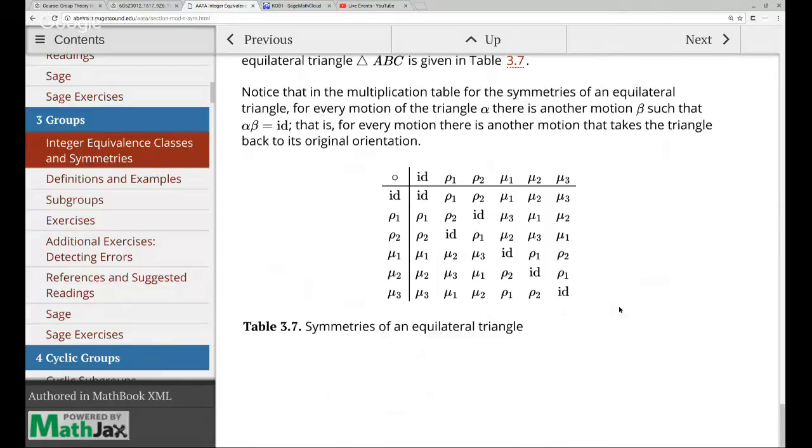So in general, composing rotations about a fixed center point, let me just be a little bit precise, and reflections in axes through that center point. If you think about it, when you look at the triangle, all those three axes of reflectional symmetry all go through the center point of the triangle.